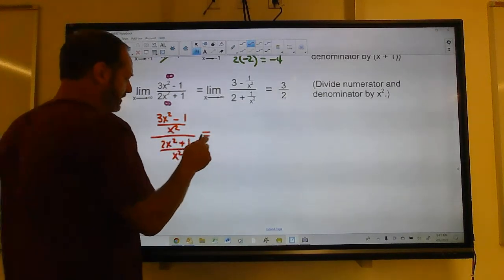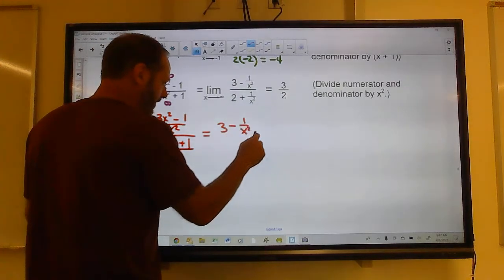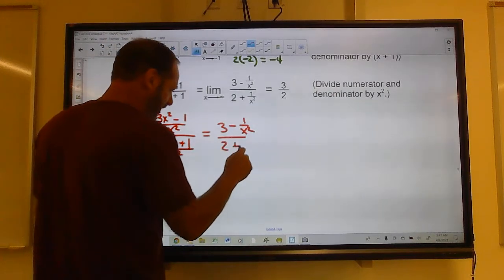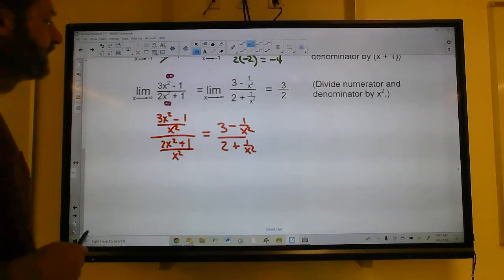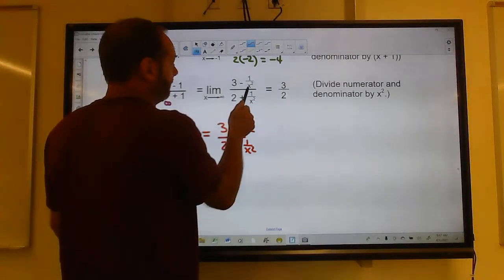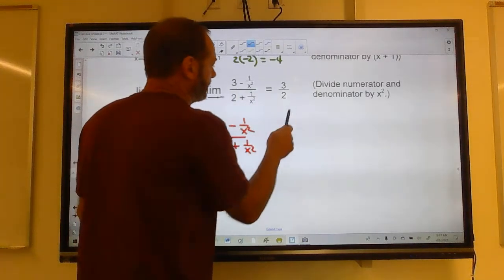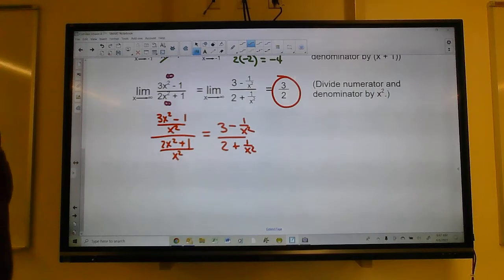Well, 3x squared divided by x squared is just 3 minus 1 over x squared. And the x squareds cancel on the bottom, and I get 2 plus 1 over x squared. Now, as x goes to infinity, this goes to 0, this goes to 0, and I end up with 3 over 2. Boom. There's my limit.